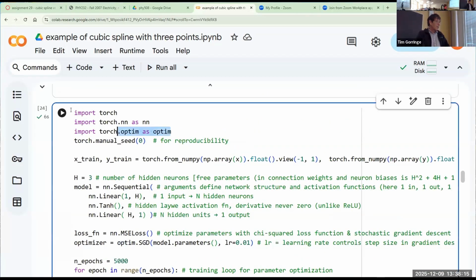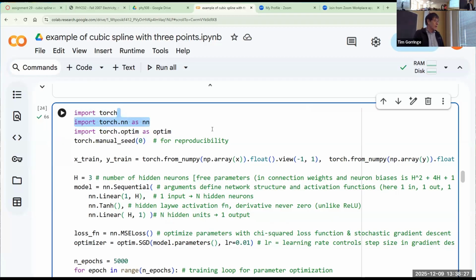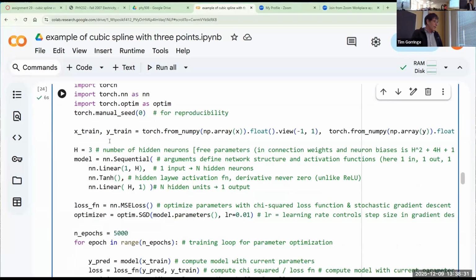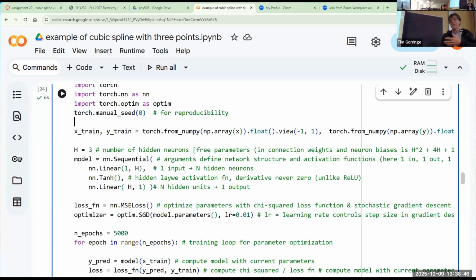Python has a fully developed package, Torch, for machine learning, so I'm just importing some functions from that. To use Torch, I'm going to slightly modify the form of the input data. I had the input data in, I think, NumPy arrays. You need to put it into Torch tensors, but that's all this line does.